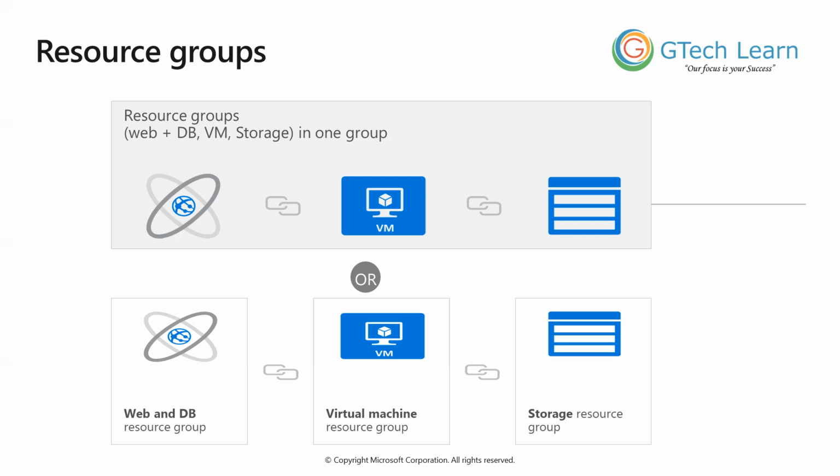Also, the main feature of resource groups is that it applies role-based access control permissions. What I want to say is that at the resource group level, you are applying the role-based access control. This RBAC feature enables role-based access to the users.